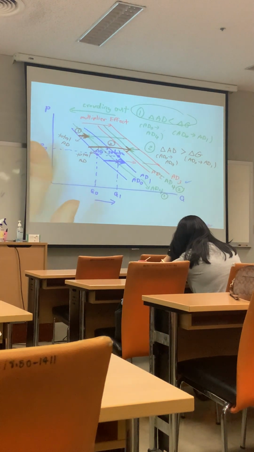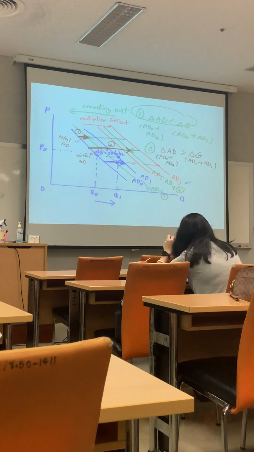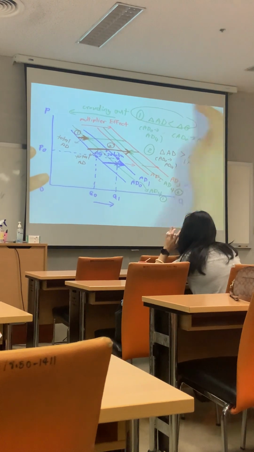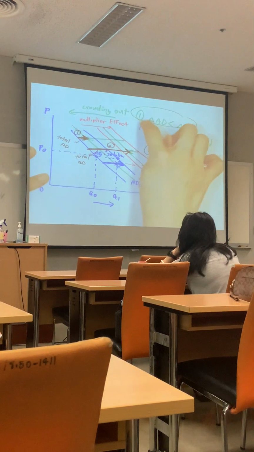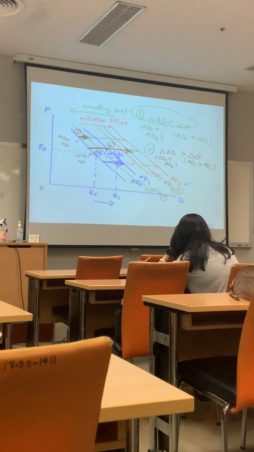But if the question describes a situation where the economy goes down, and AD shifts less than G, or AD changes less than G, maybe you can just explain the first reason. But anyway, the full explanation for crowding out should be like this, because these are the possible effects.